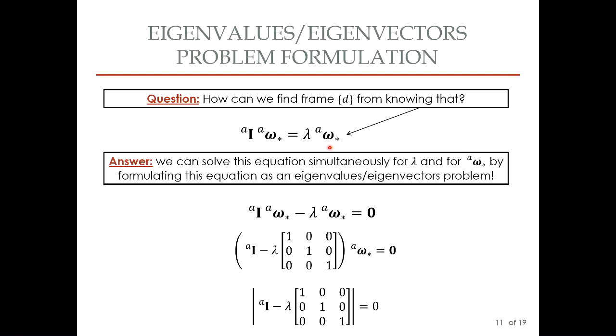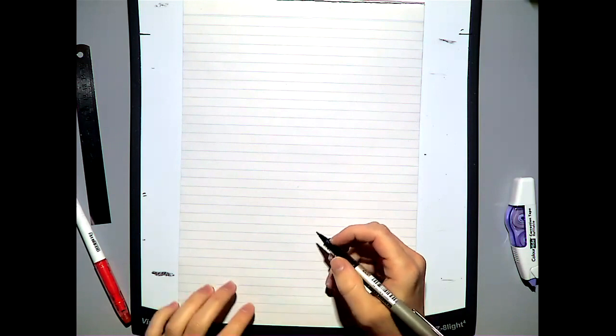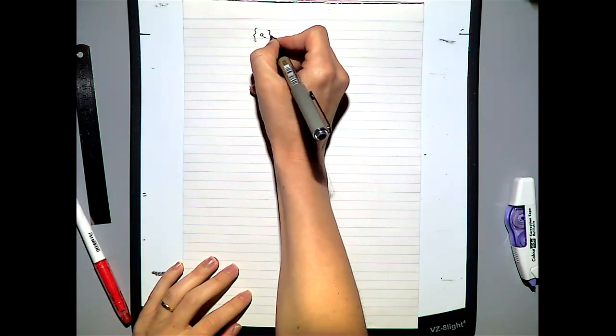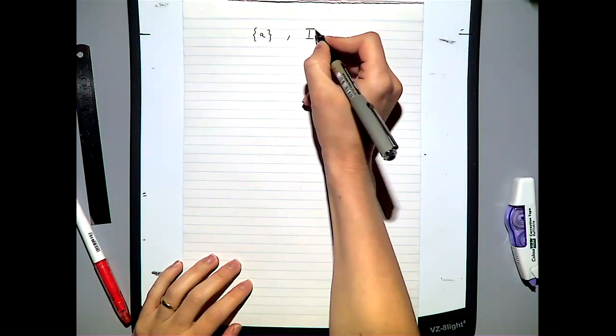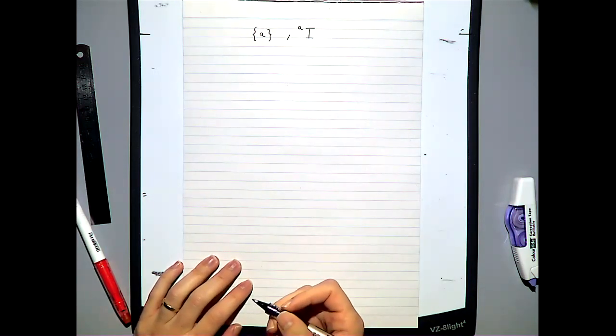I'll just quickly summarize. We start by having some given or self-assigned frame A in which you can find I in that frame A, right?